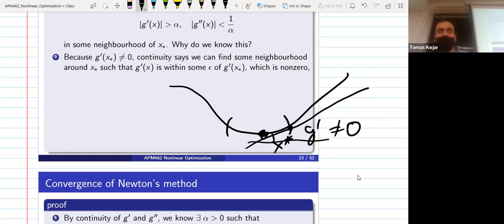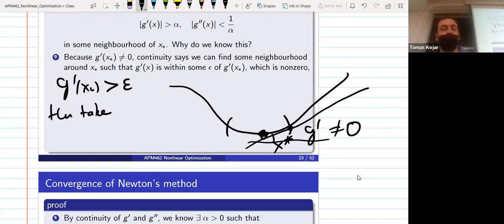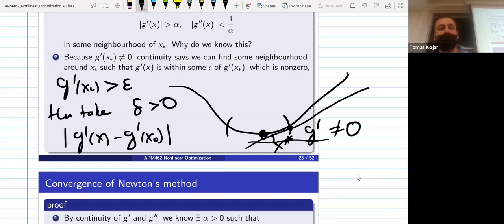Now, here's what happens with epsilon delta. Suppose G prime of X naught is bigger than epsilon. Then by continuity, take delta so that G prime of X minus G prime of X naught is less than epsilon over 2.